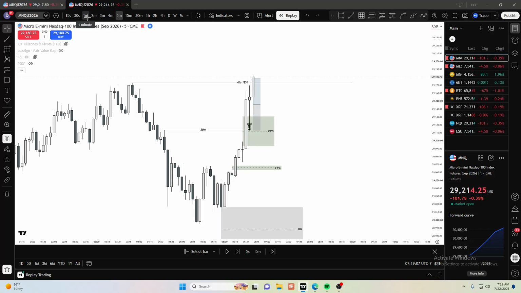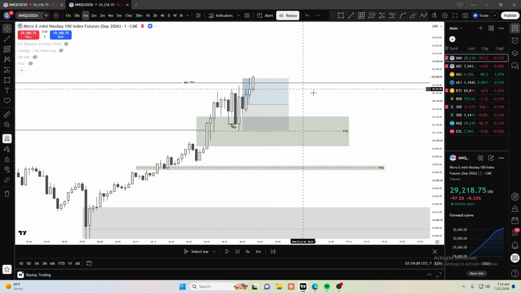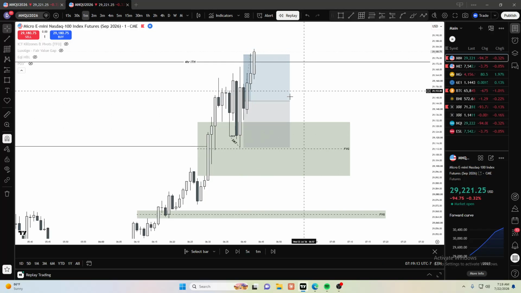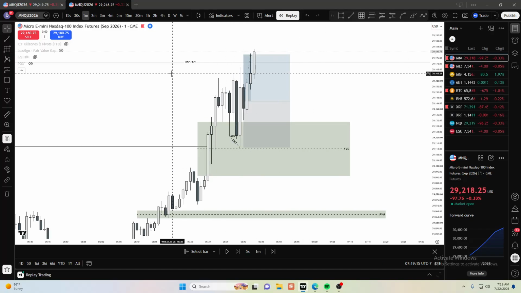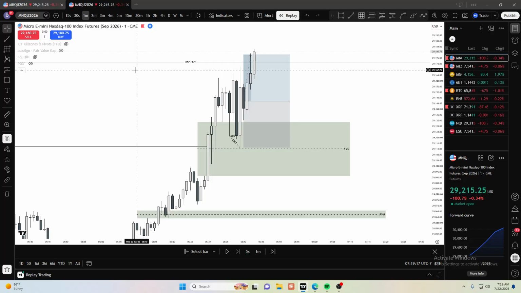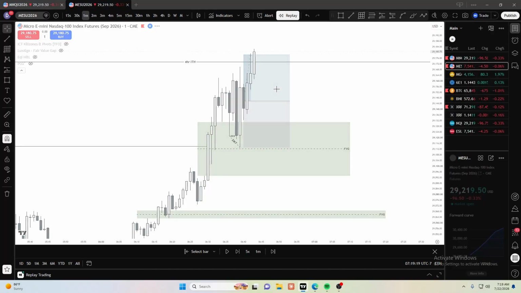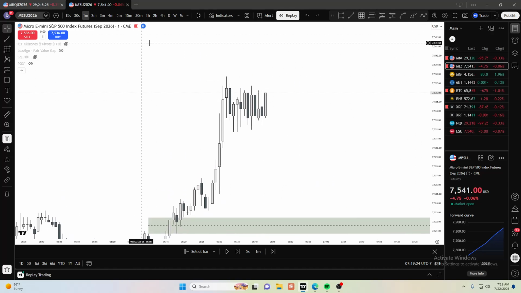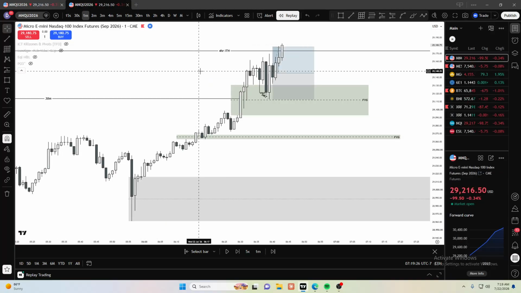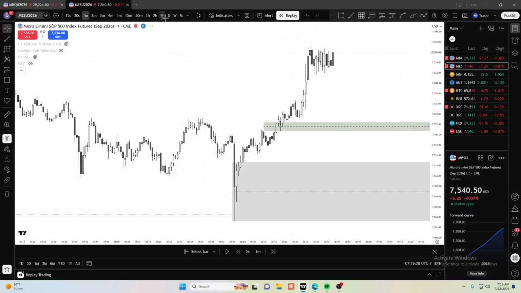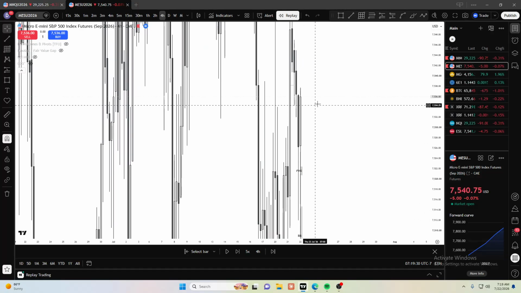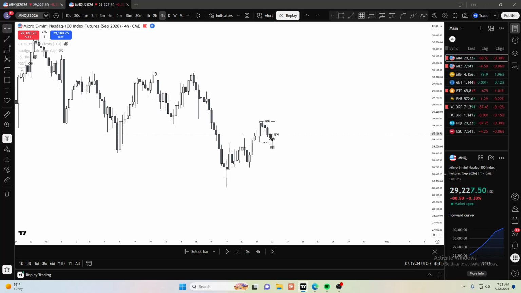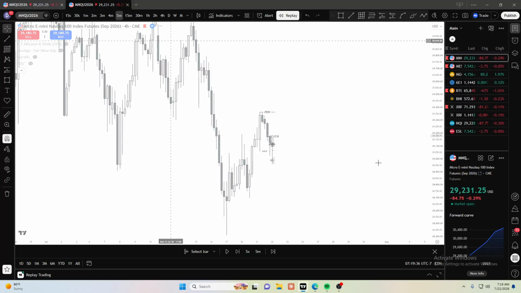Otherwise, mechanically it was really good: CE tap, resweep, and here's the SMT that formed right here. ES displaced higher. I don't even think there's a 4 hour on ES. But yeah, that was today. This is what I took.